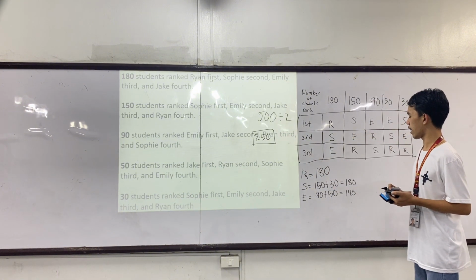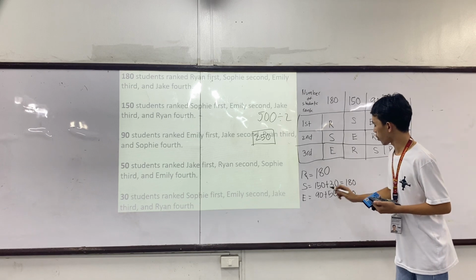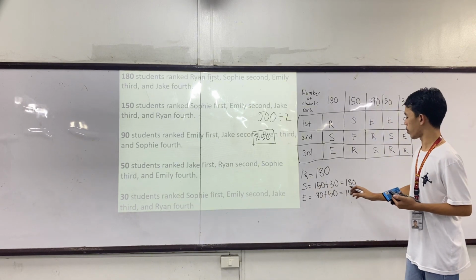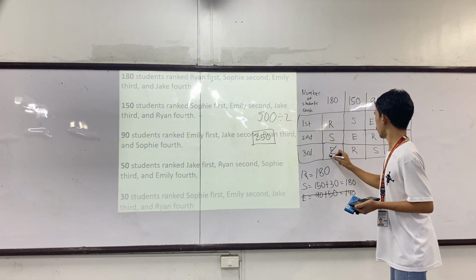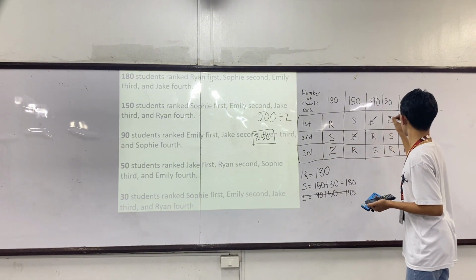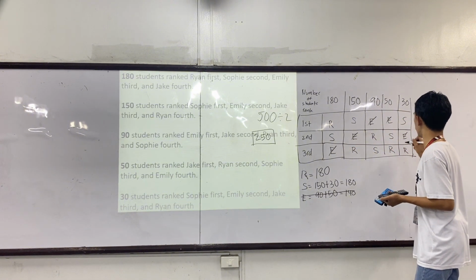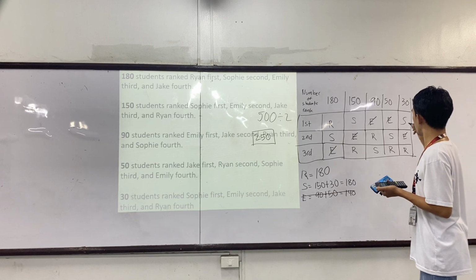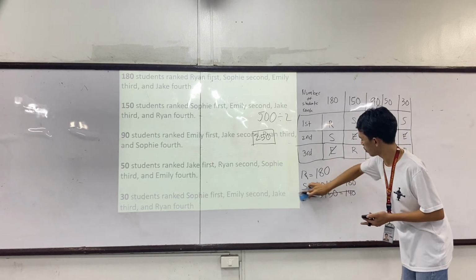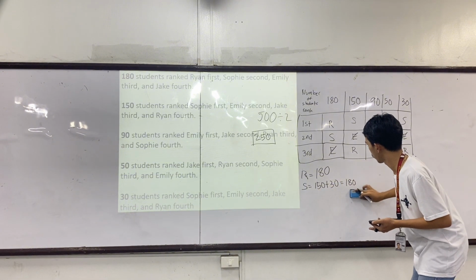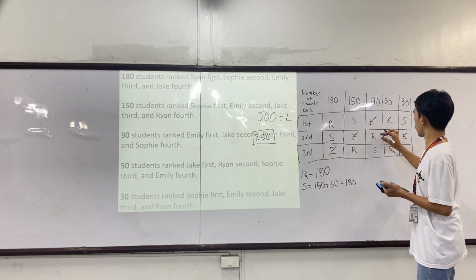So we will eliminate next. Emily has the fewest votes, and Emily got eliminated. So next is the next person.